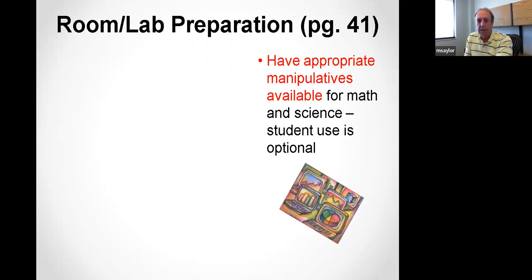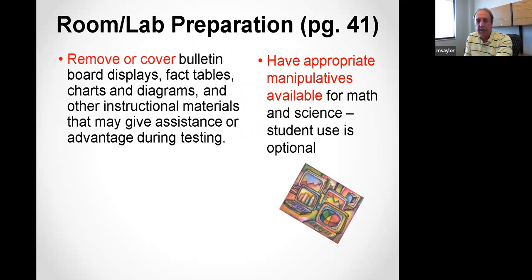Okay, so getting everything ready, make sure that your manipulatives are out there. You work that however you want to. Generally, you put them on a table somewhere and just let the students know that they're there. Same thing with the scratch paper, because we can't force them to use manipulatives. We can't force them to use scratch paper. We just make it available for them.